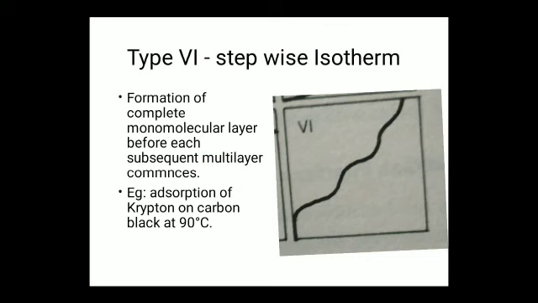These BDDT isotherms and an additional one introduced much later by Sing complete the IUPAC classification, as illustrated in diagrams of type 1, type 2, type 3, type 4, type 5 and type 6.